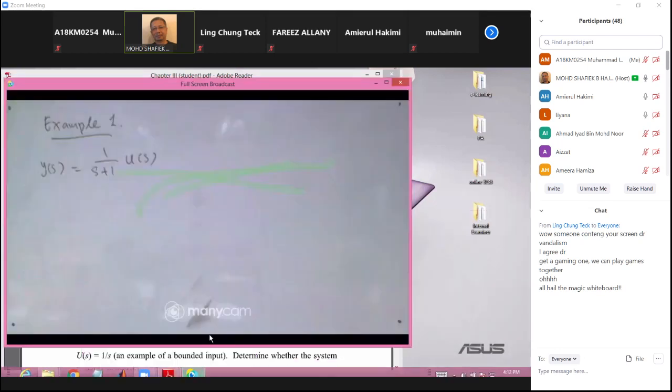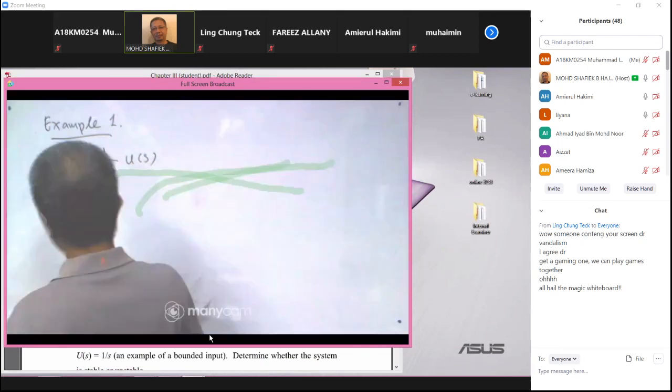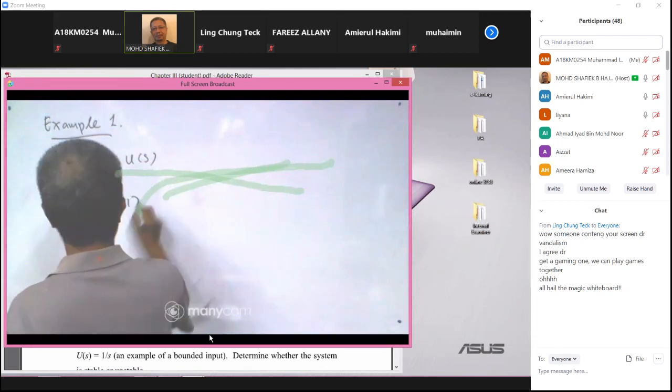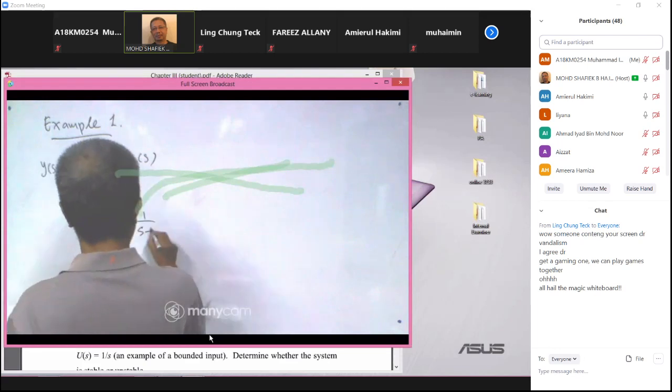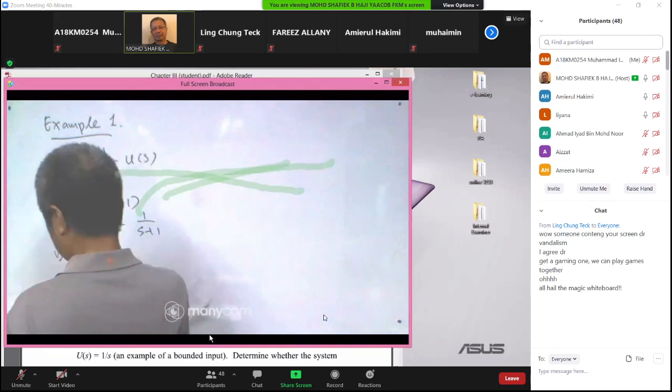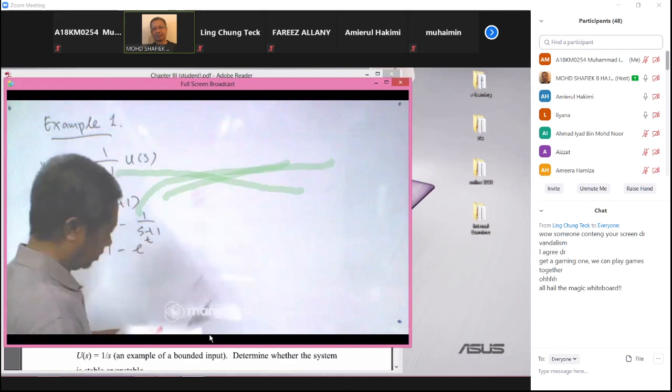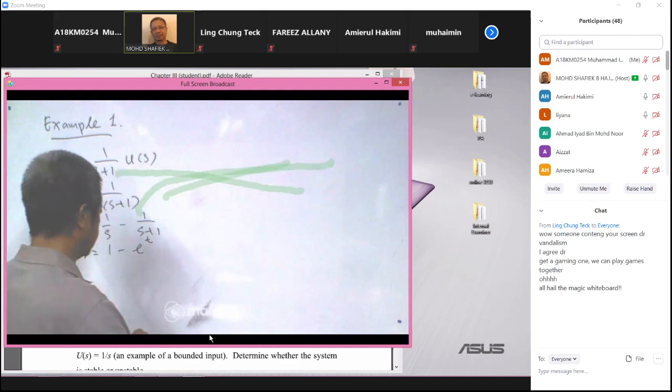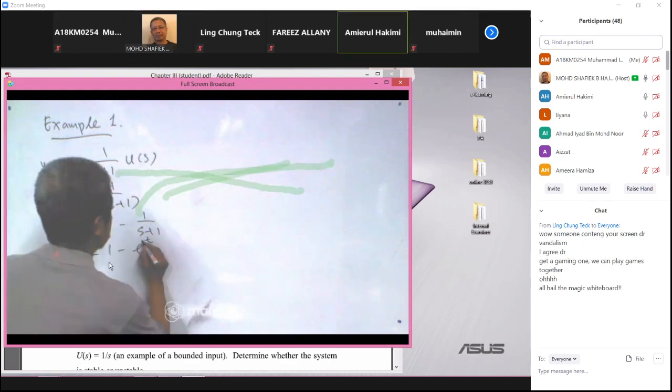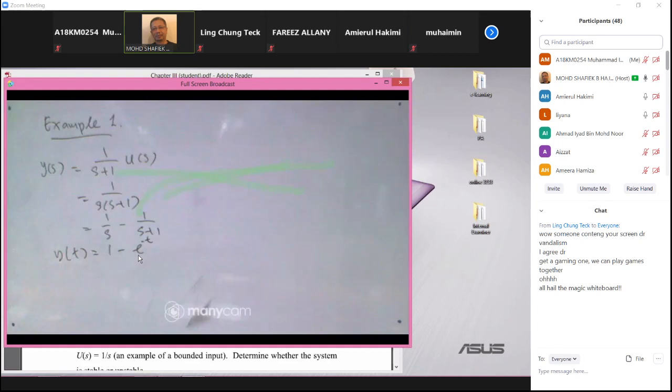So now this is the response to a unit step input, and then if you draw the function there, it's just an exponential function.